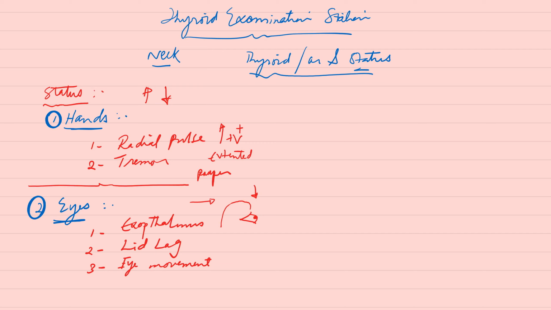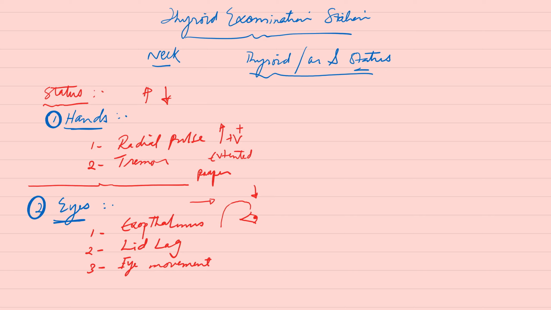Second, the lid lag. So how can you examine for the lid lag? The lid lag is simply a delay of the fall of the upper eyelid when the patient looks down. You are going to put your finger up in front of him, ask him not to move his head, and ask him, please follow my finger with your eyes only.